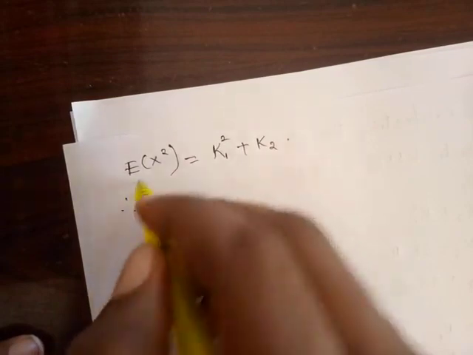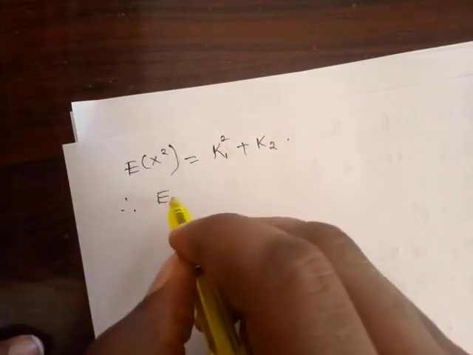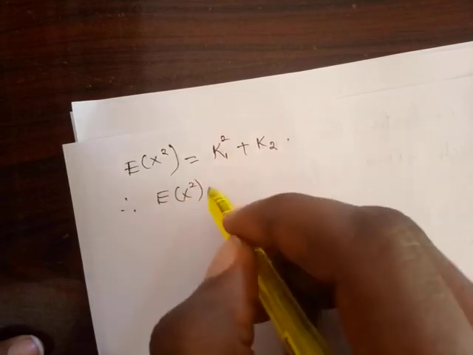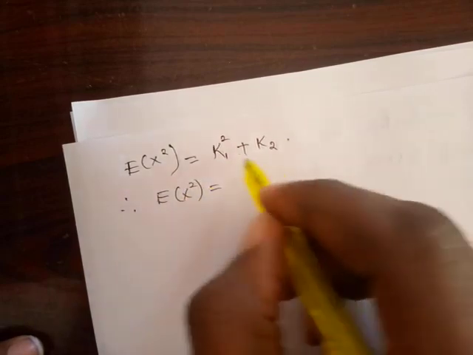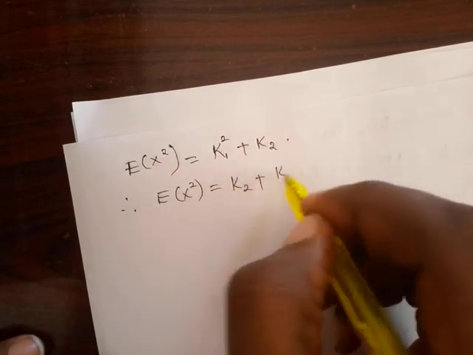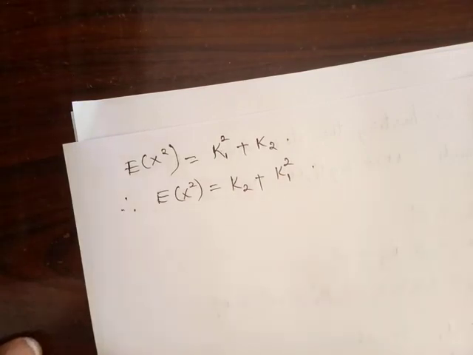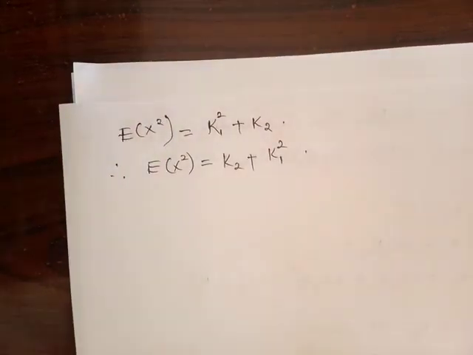So that is our second proof. Expectation of X to the power of 2 is equal to this; since addition is commutative, we can still write it as this. Okay, so that is the proof there. In the next video we're going to do expectation of X raised to the power of 3 and expectation of X raised to the power of 4.